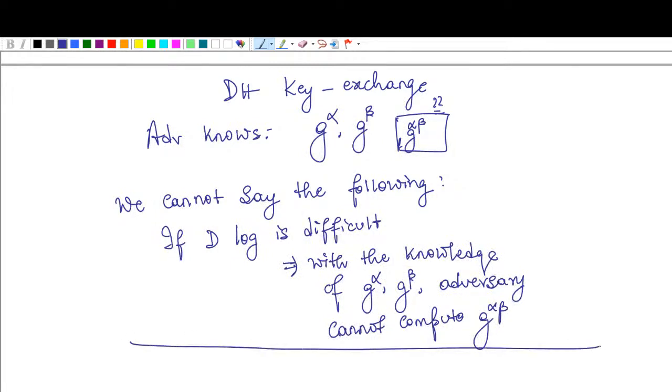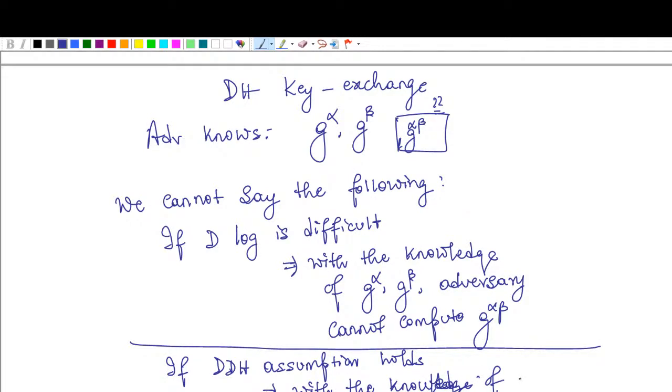Rather, we can say the following. If the DDH assumption holds, then it implies that with the knowledge of G power alpha, G power beta, the final key G power alpha beta is like a random element for the adversary.